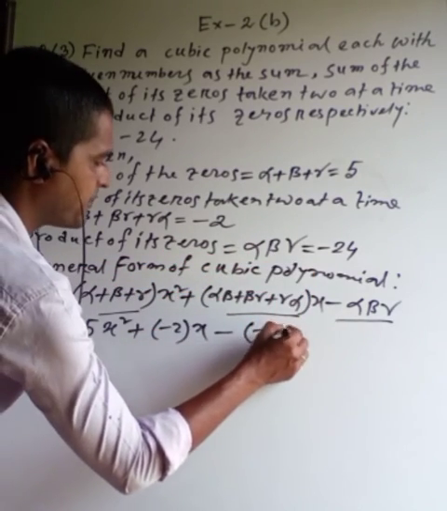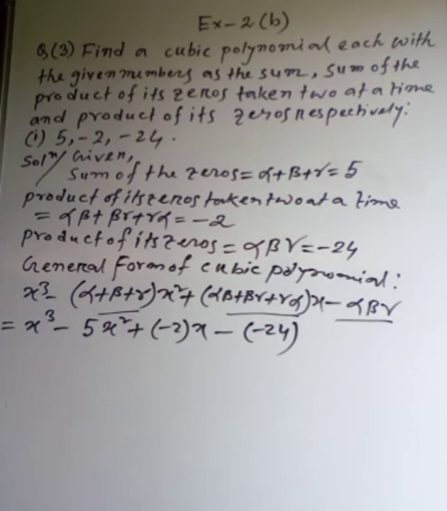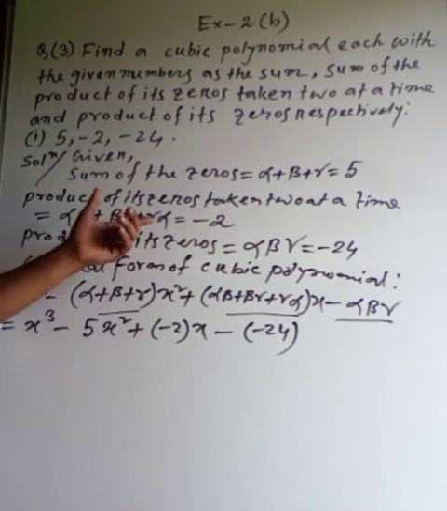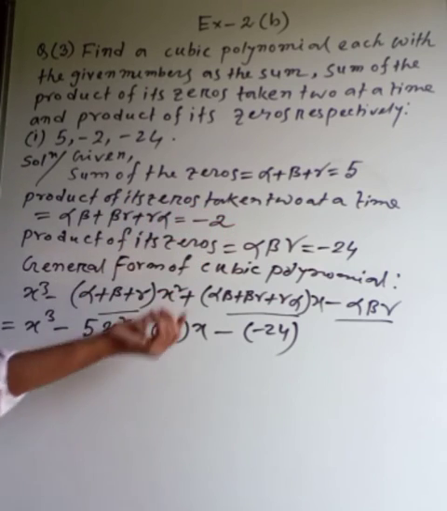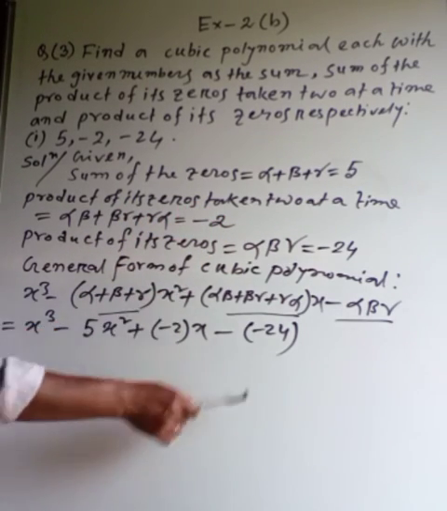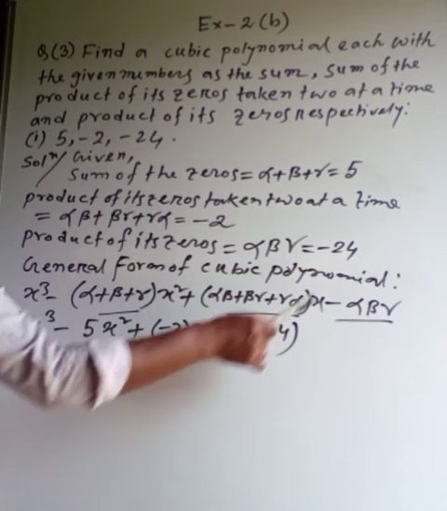So write down here minus 24. So what we have done here, we have only applied all the values. First alpha plus beta plus gamma equal to 5, second alpha beta plus beta gamma plus gamma alpha equal to minus 2, then third alpha beta gamma is minus 24.